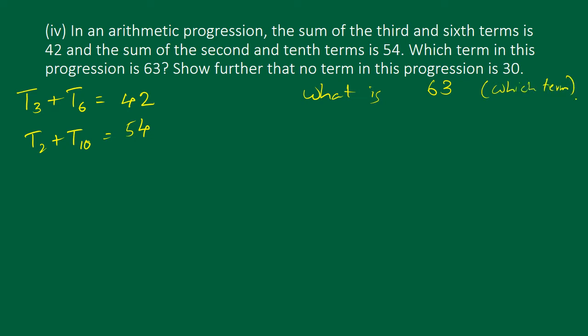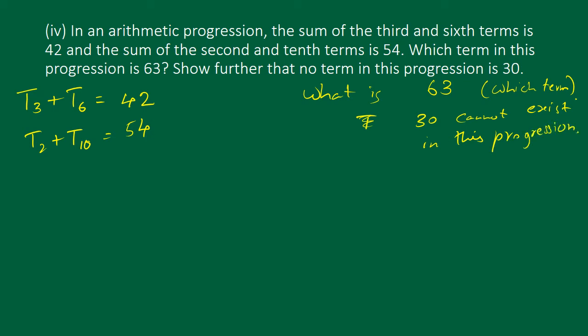Right, so here you can show further that no term in this progression is 30. There is no 30, it cannot exist in this progression.